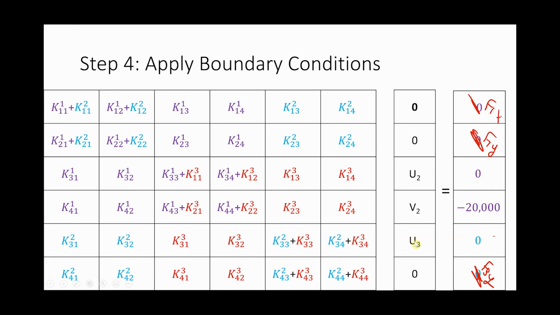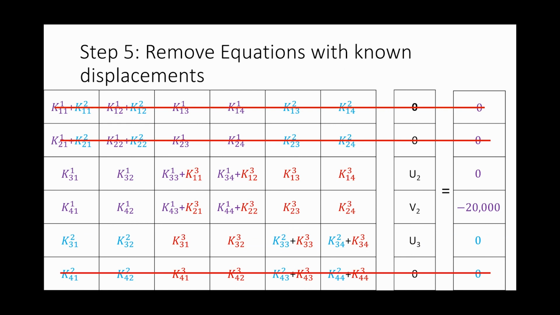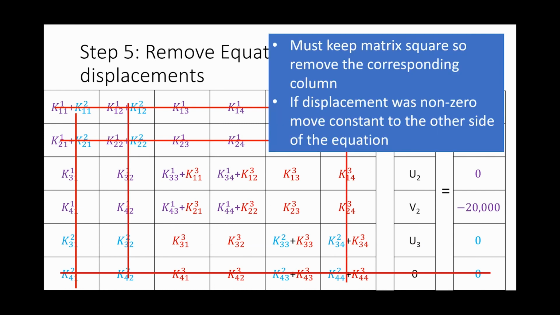U3 is not 0 because we have a roller in the x direction and it is allowed to move. All right, so we're going to remove the rows and columns with known displacements, basically allowing us to eliminate some of our unknowns. And we're going to keep our matrix square and look at our condensed system of equations. Please keep in mind, if a displacement was non-zero, you have to move it to the other side of the equation. We are just manipulating our set of equations by adding and removing some.